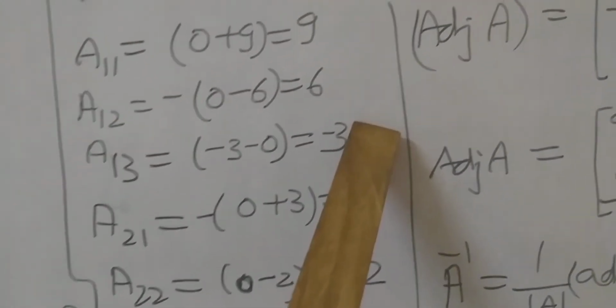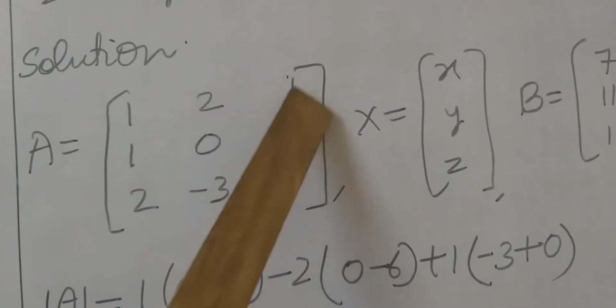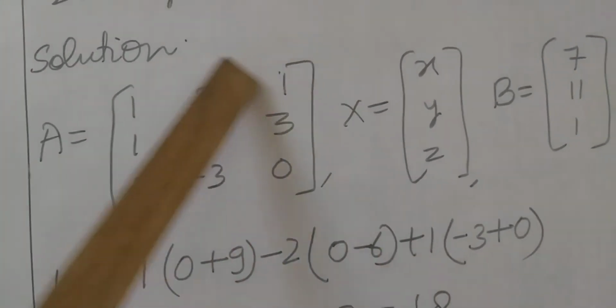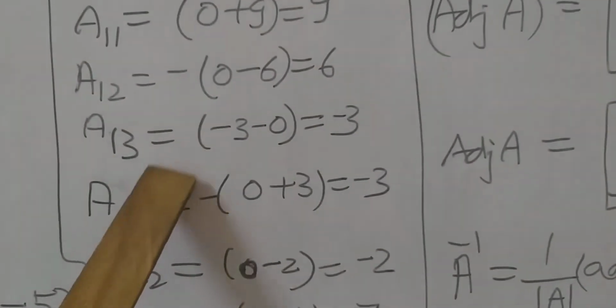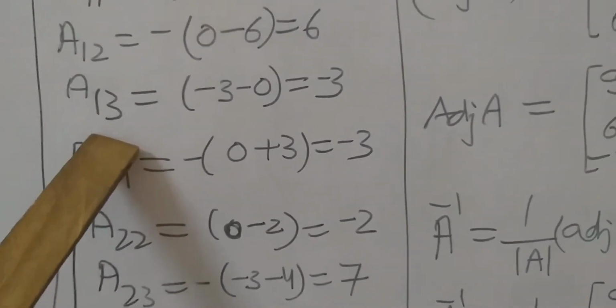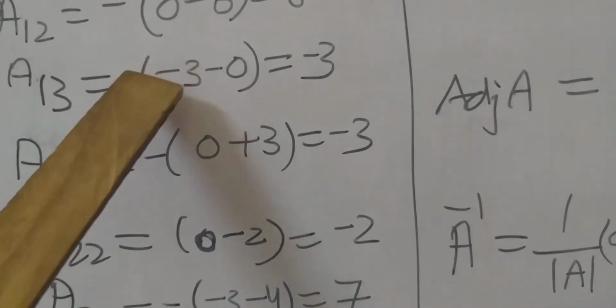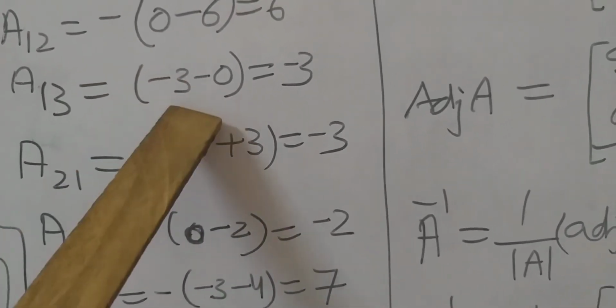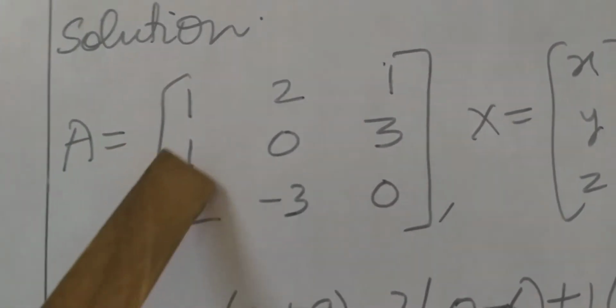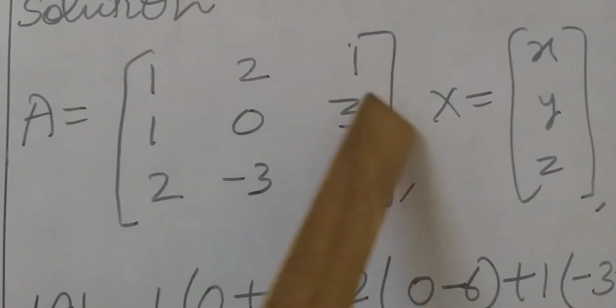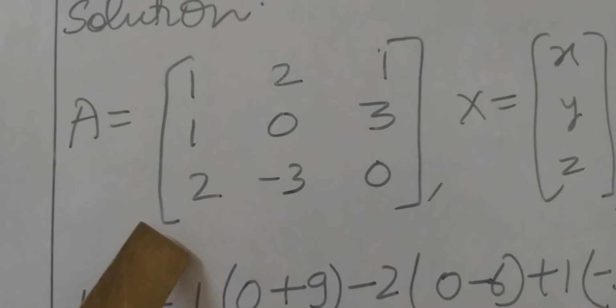Answer is 6. Now student, the cofactor of A13, delete its column, its row. Minus 3 minus 0, so add both of them, it is even, therefore a plus sign should be here. Answer is minus 3.